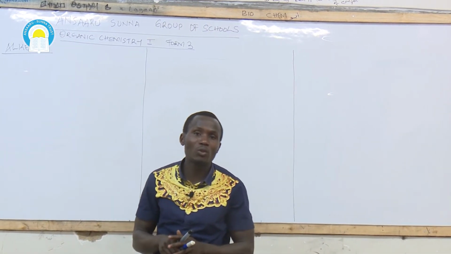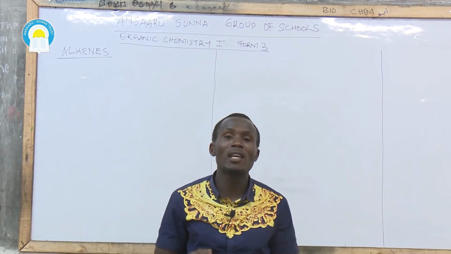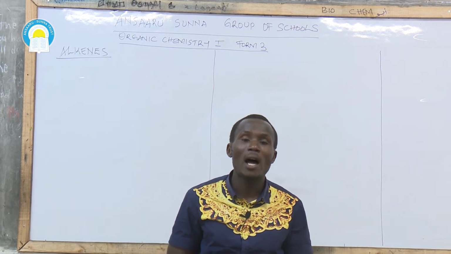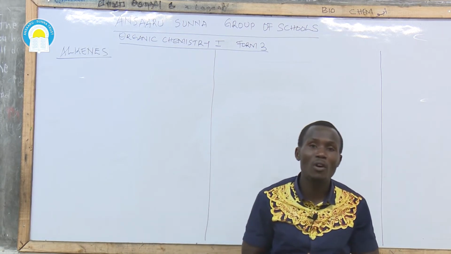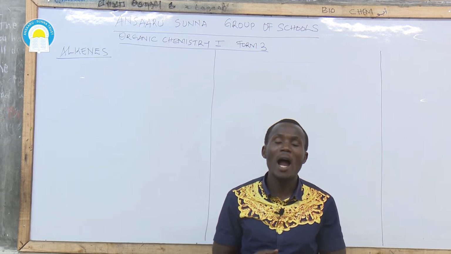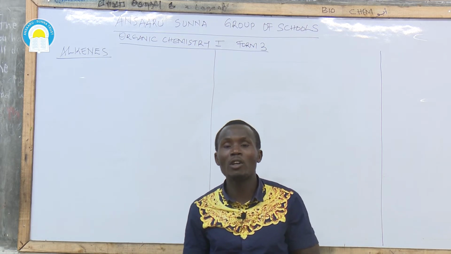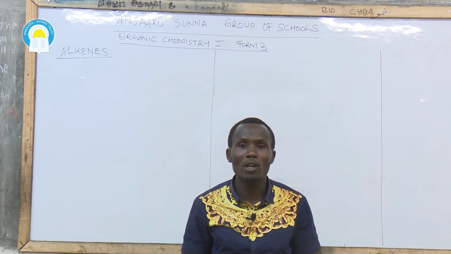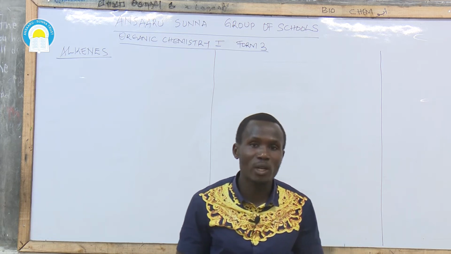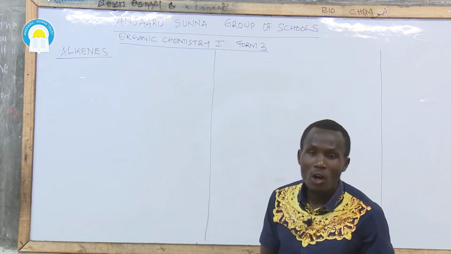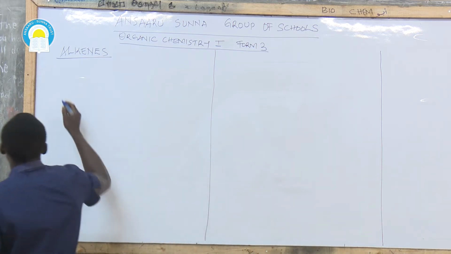The difference between alkenes and alkanes is that alkenes have a double bond between carbon atoms, therefore they are said to be unsaturated, while alkanes have single bonds between carbon atoms, therefore alkanes are said to be saturated.